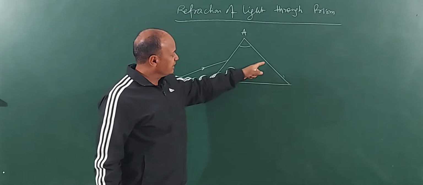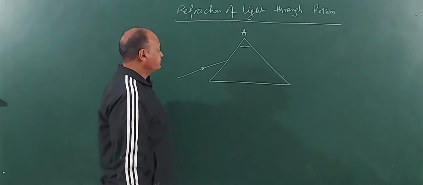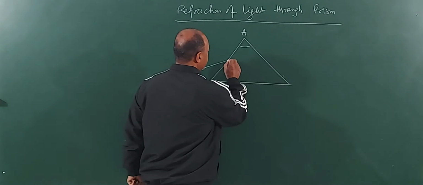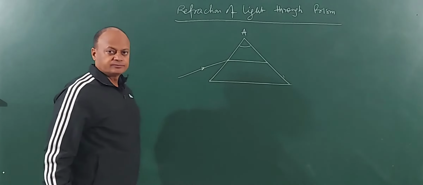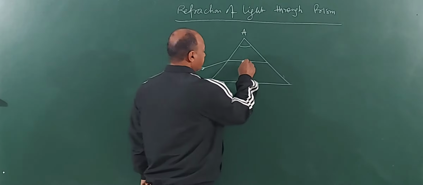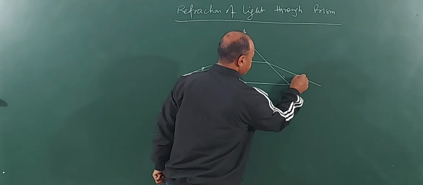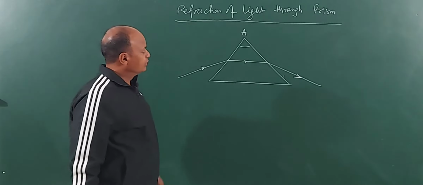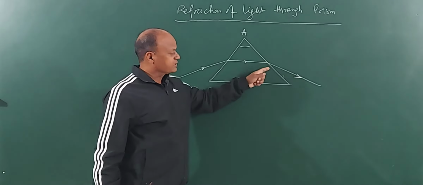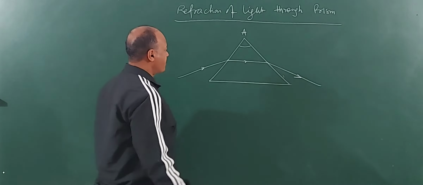And again this ray will be refracted to the second surface. So this ray is refracted like this, let's say. And finally, this ray emerges at the other end. Okay? So there are two refractions taking place simultaneously at two refracting surfaces.